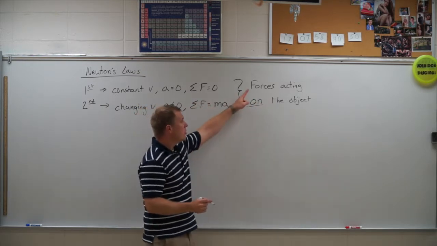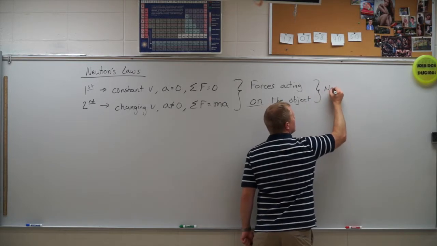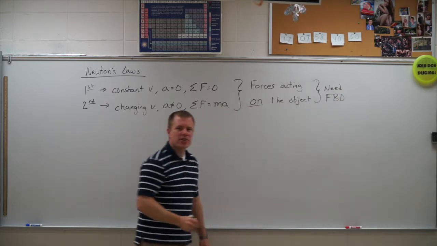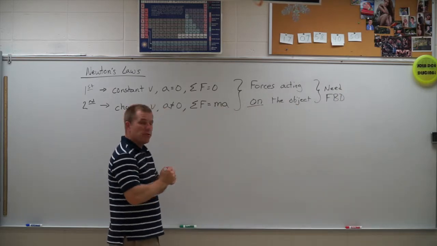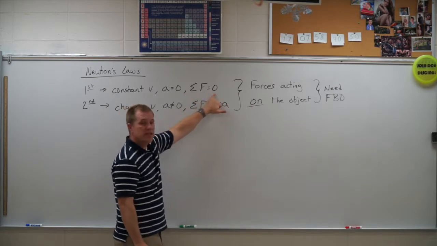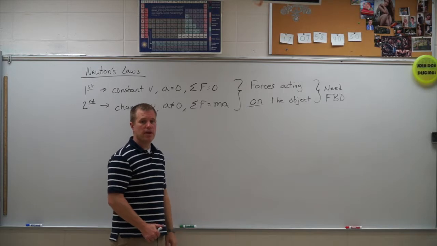So, if you're going to look at the forces on an object, you're going to need a free body diagram. And we use FBD to talk about a free body diagram. A free body diagram will help you sum up those forces, and if it's equal to 0, we can solve the problem that way. If it's equal to MA, we can solve the problem that way.